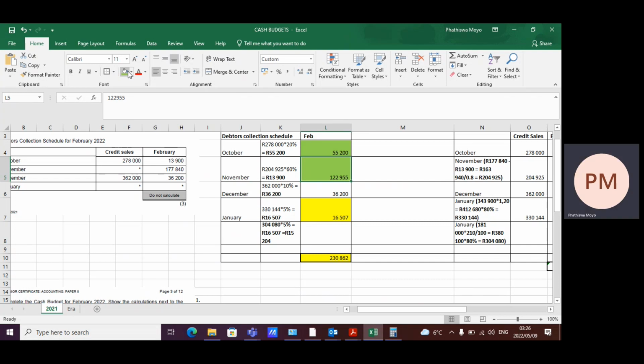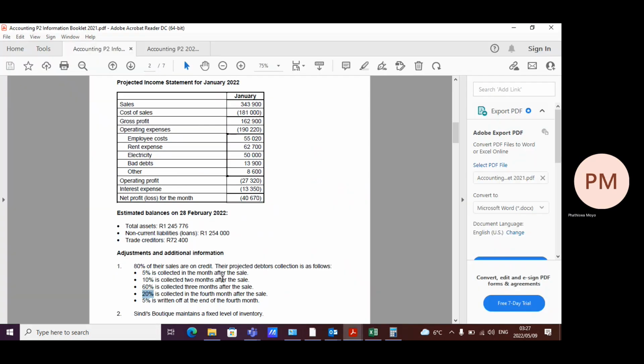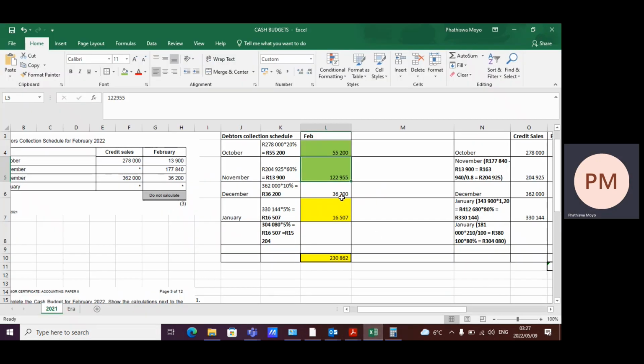Then December, 5% will be collected in January. 10% will be collected in February.